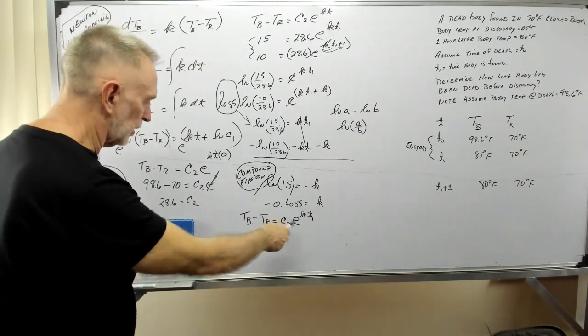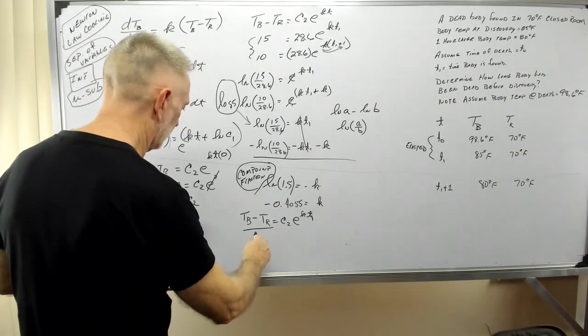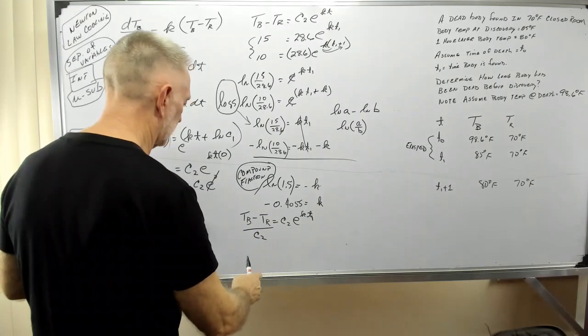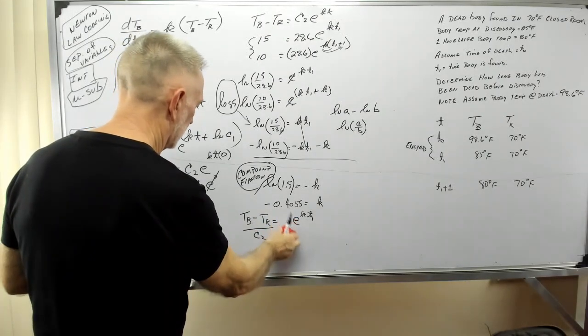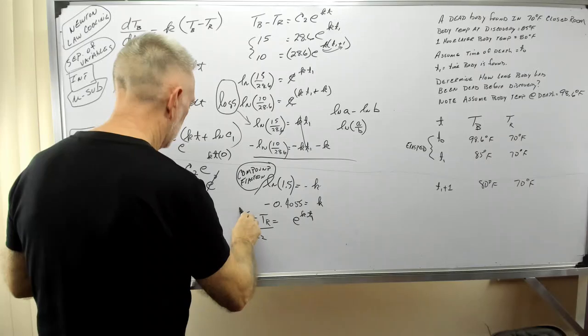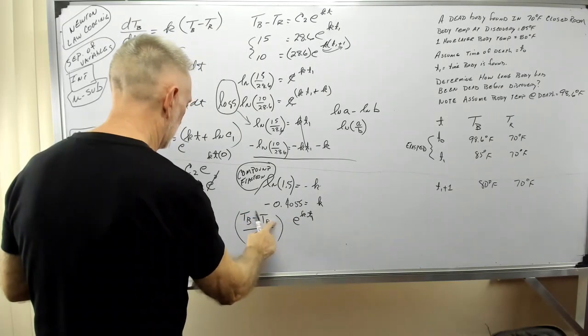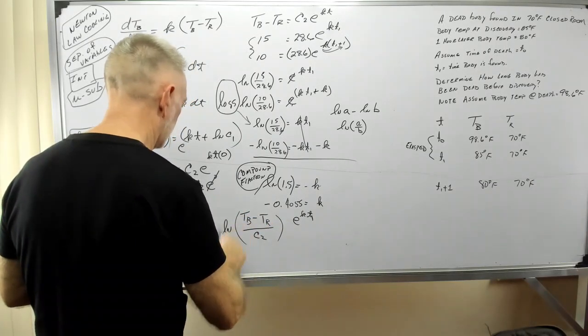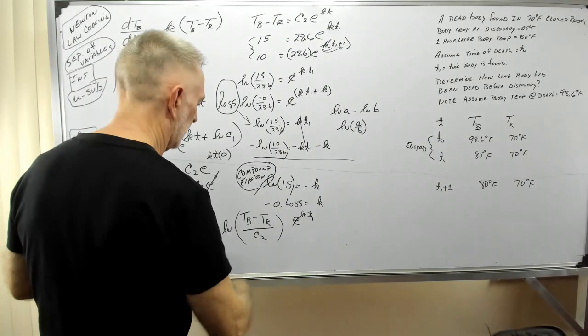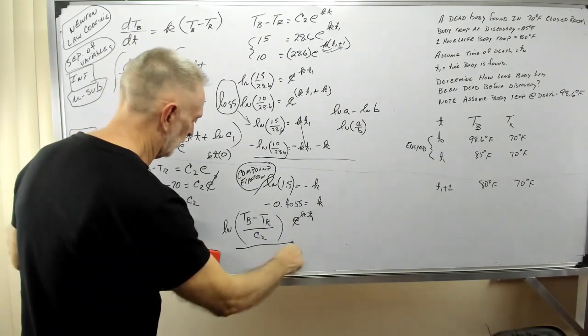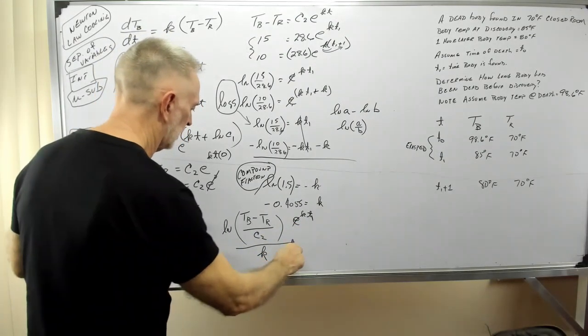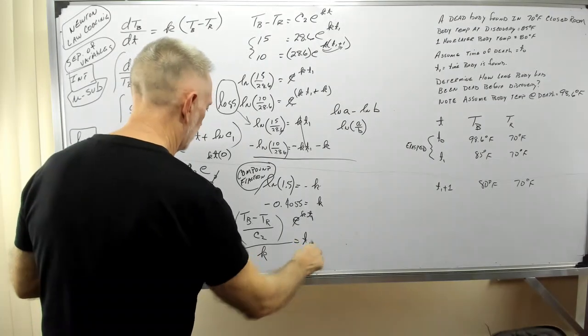So if we were to solve that for T1, we'll divide both sides by C2. That takes care of that one. I'm going to do a natural log here. That takes care of that. Then I'm going to divide both sides by k, and that equals T1.